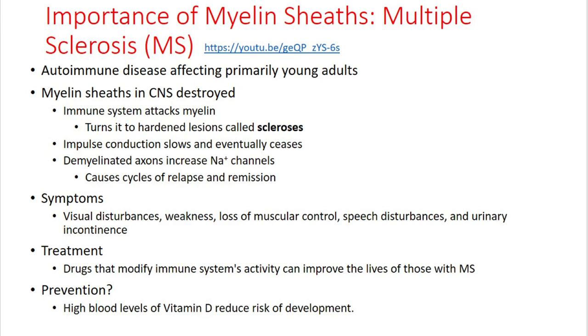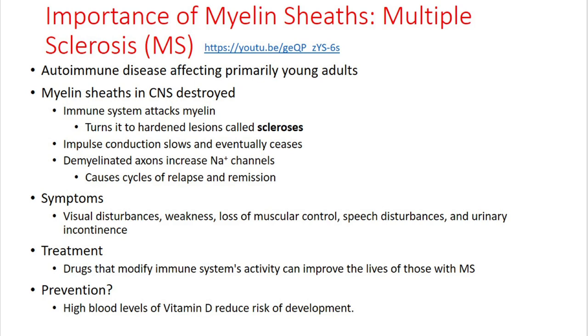The demyelinated axons do initially increase sodium channels, and that causes moments of remission for those with multiple sclerosis, but those individuals generally do relapse. Symptoms are widespread: visual disturbances, weakness, loss of muscular control, speech disturbances, and even urinary incontinence. What's the treatment though?